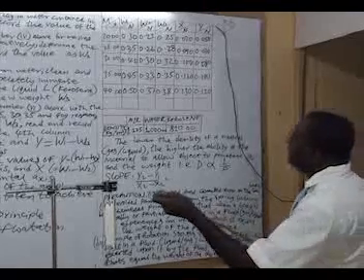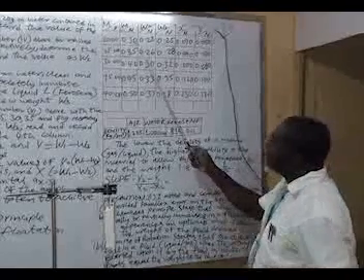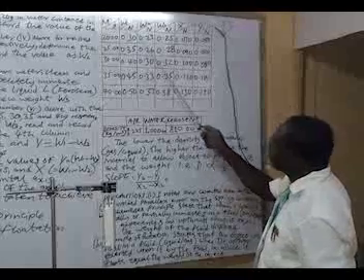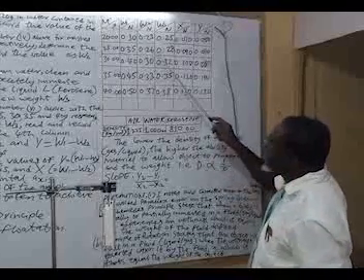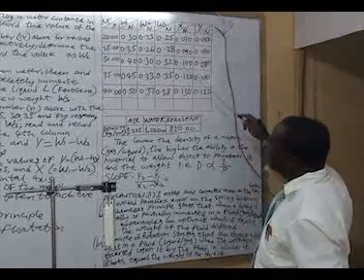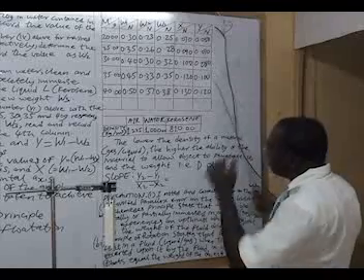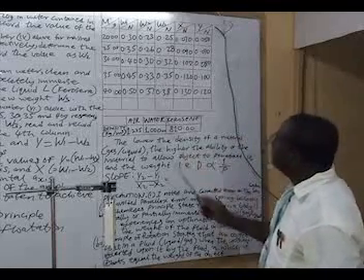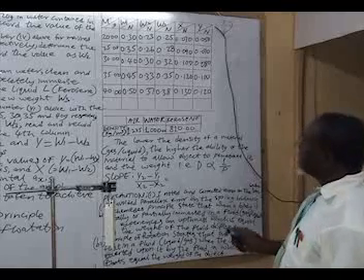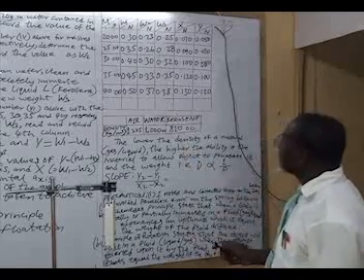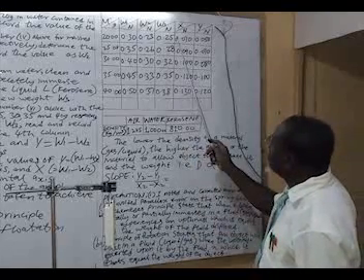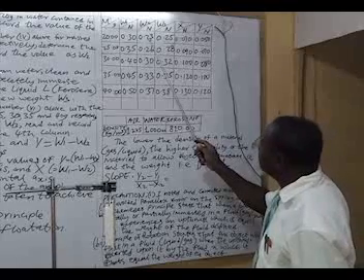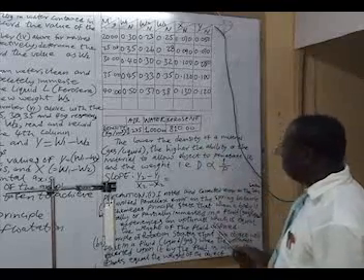When you are writing the values here, make it uniform from beginning to the end. This is 2 decimal places, this is 2 decimal places, this is 2 decimal places. Then you observe that W1 is greater than W2 and W3 is also greater than W2.